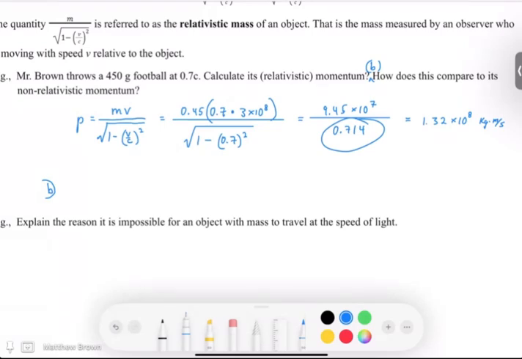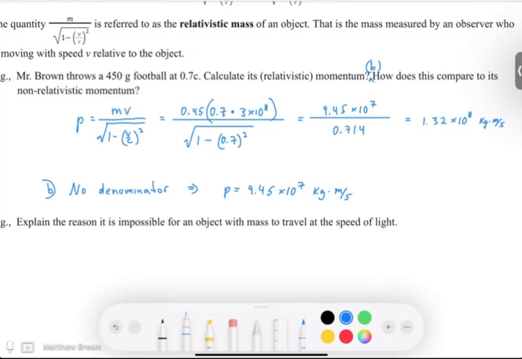It would just be mv. So then we would say no denominator. And so note that yes, the relativistic momentum is actually more.